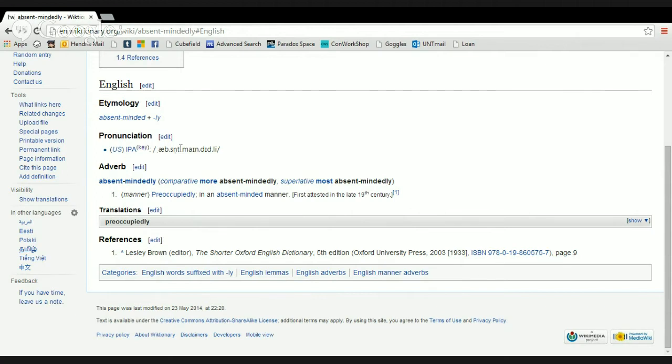Yes, absent. Snt. Absent. Yeah, so the n kind of is the vowel there. You could also write it with a little schwa next to it. Snt. Absent. So then we have this next syllable. Absent. Mind. Was actually just mine.